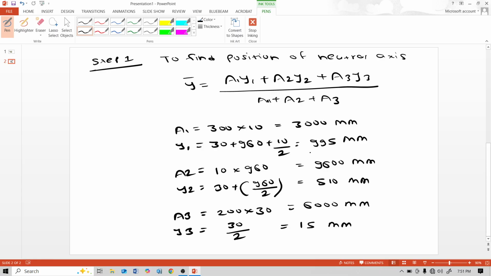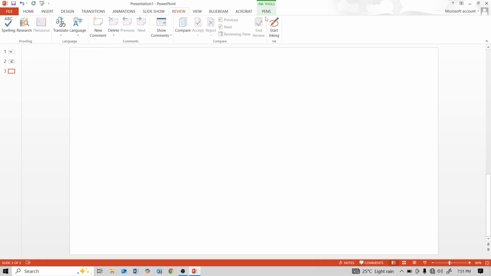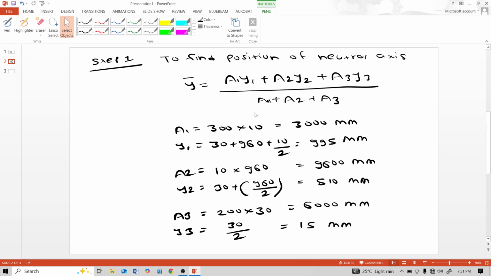Now put this A1, y1, A2, y2, A3, y3 value in this y bar equation. Therefore y bar is equal to 3000 multiplied by 995 plus 9600 multiplied by 810 plus 6000 multiplied by 15 divided by 3000 plus 9600 plus 6000.